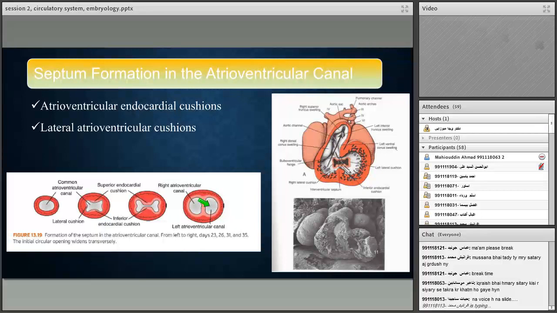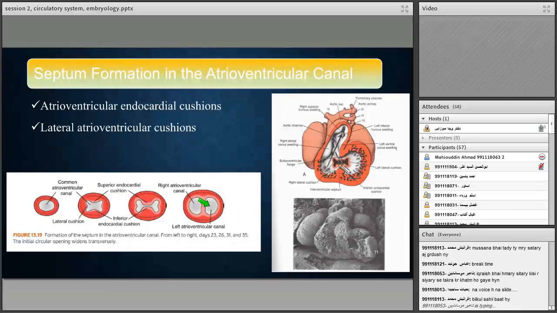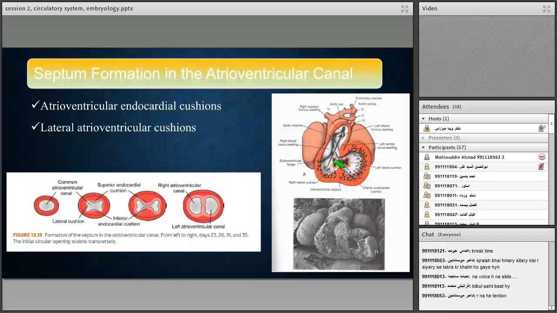So, the blood is passing through these atrioventricular canals and entering each ventricle, from the left atrium to the left ventricle and from the right atrium to the right ventricle.